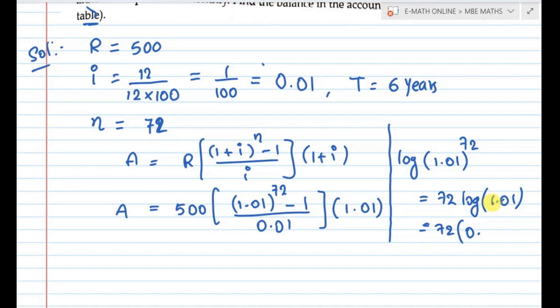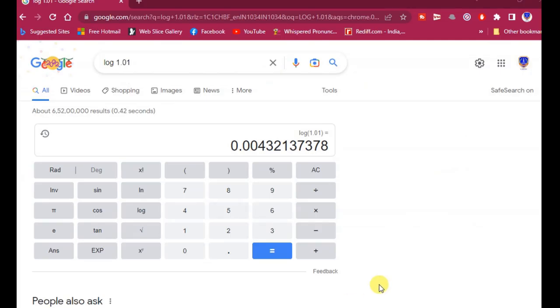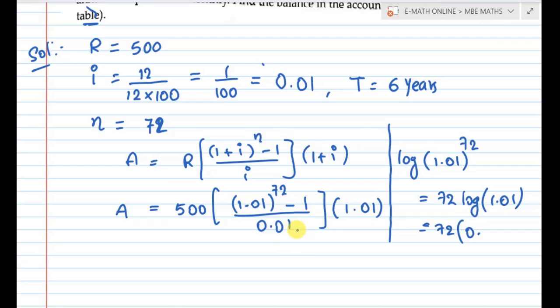The integral part is 1, so the characteristic value will be 0, and the value from the table is 0.0043. We only take 4 decimals in logarithms. So just multiply 72 times 43.